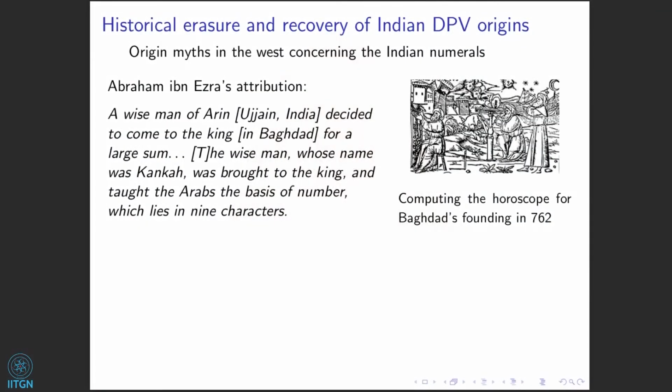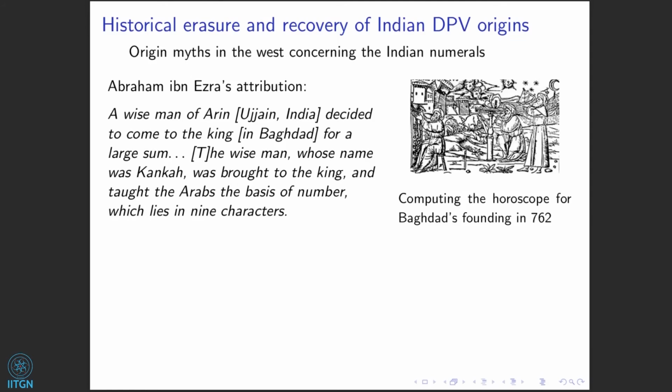And here is a sort of urban legend from our 12th century friend Abraham ibn Ezra, referring to a wise man of Aran, which is an Arabic version of the city of Ujjain, well known as a center of mathematical and astronomical learning, who decided to come to the king in Baghdad for a large sum and taught the Arabs the basis of number, which lies in 9 characters.